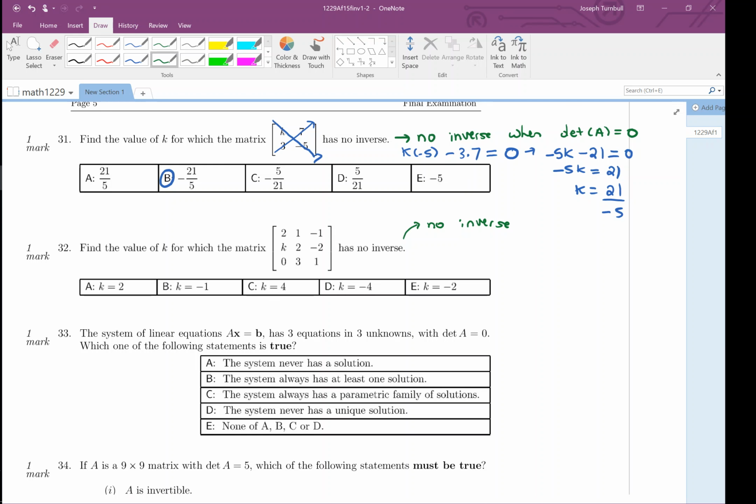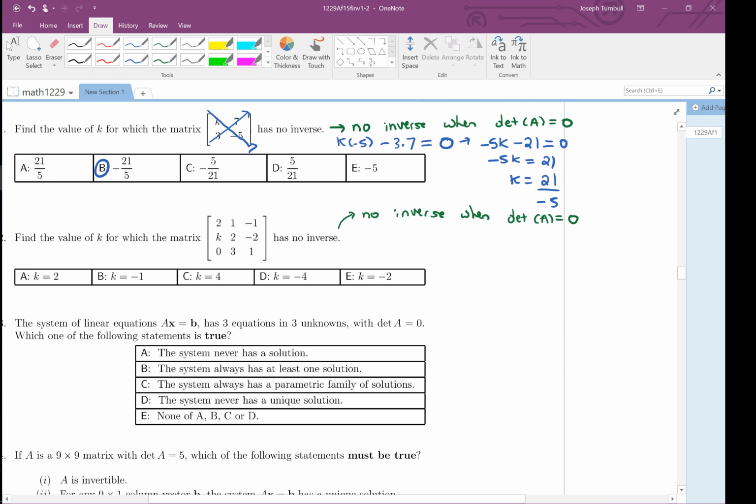It might be easier to reduce this and then make a row of zeros, but no, let's just do it this way. No inverse when the determinant of A equals 0. So I'm going to use that secret method, the basket weaving method, to take the determinant, make 2 copies side by side.